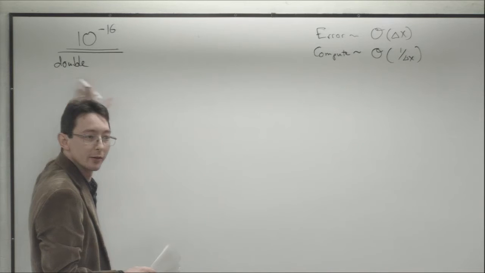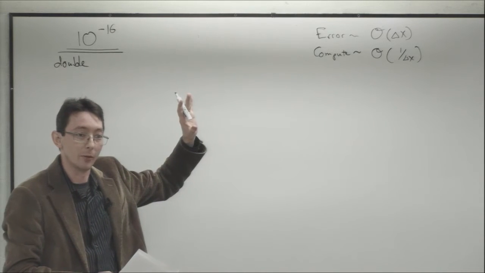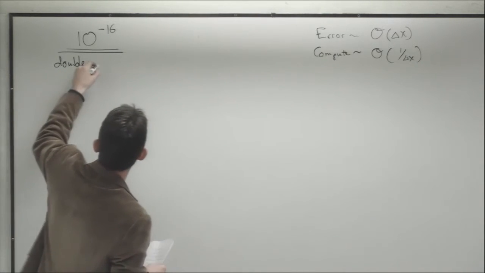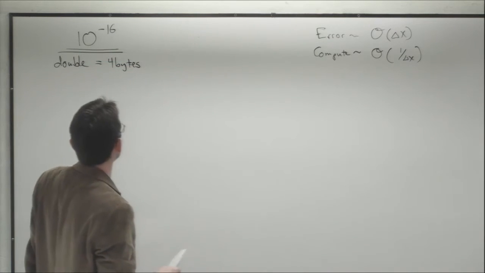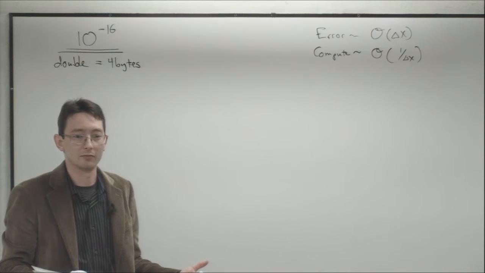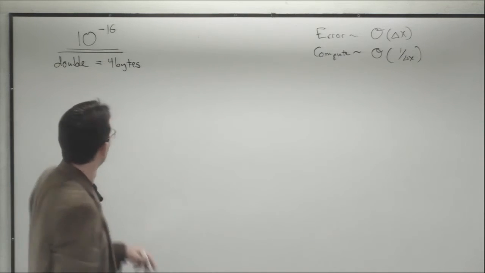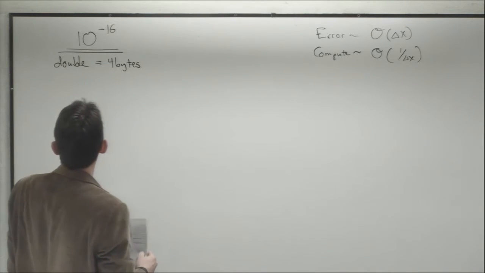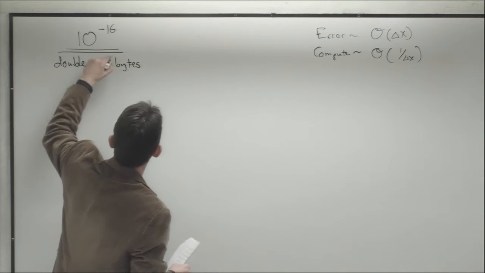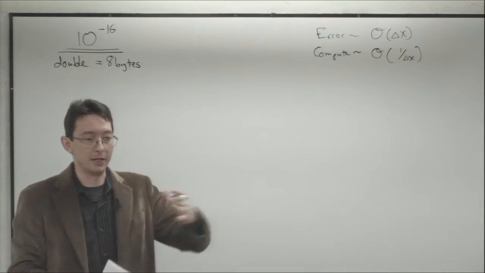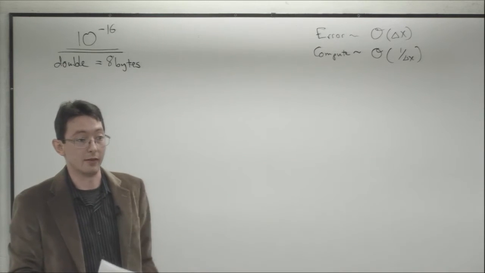More than that. Does anyone know how many bytes? 4 bytes? Okay, so this equals 4 bytes, which I guess equals 32 bits. I don't think this is right. I think this is 8 bytes. Anyway, you get 52 binary decimals of accuracy.